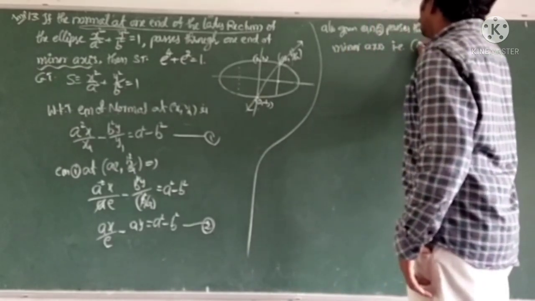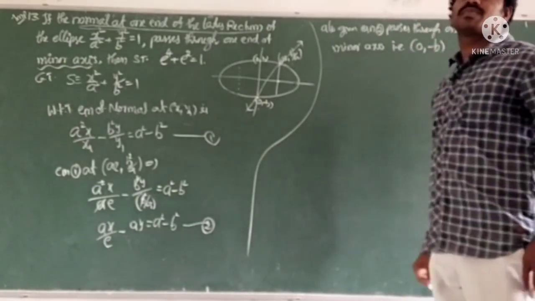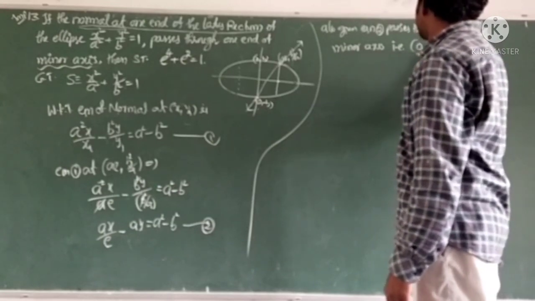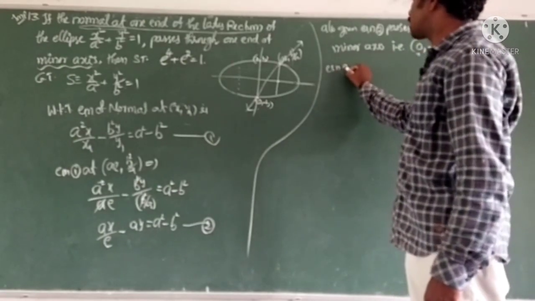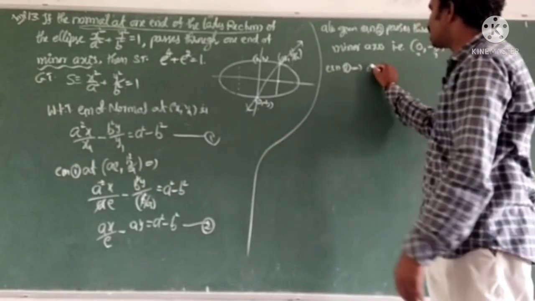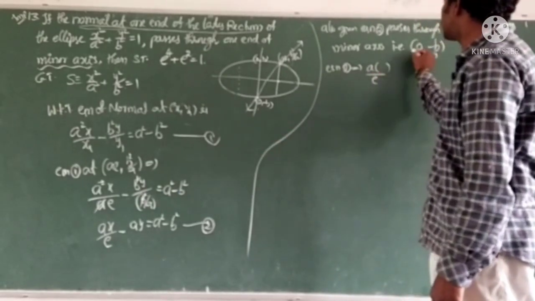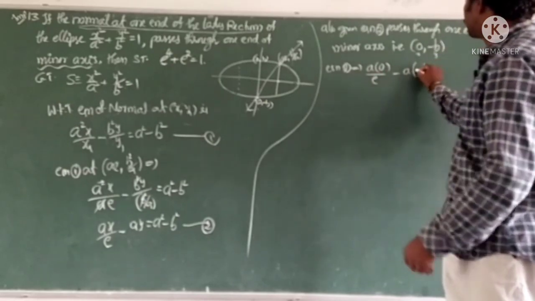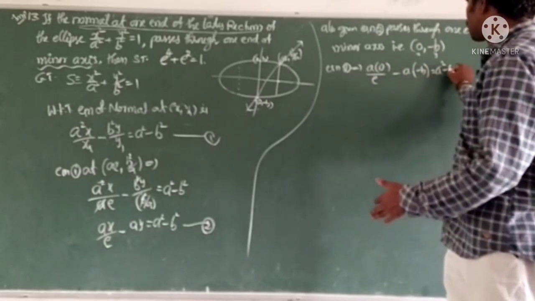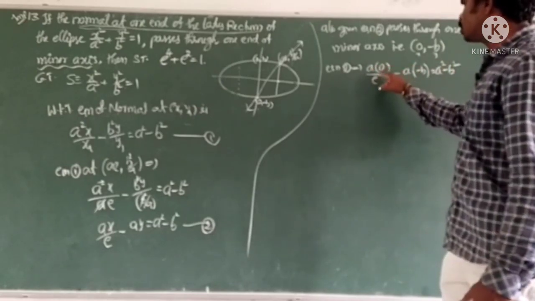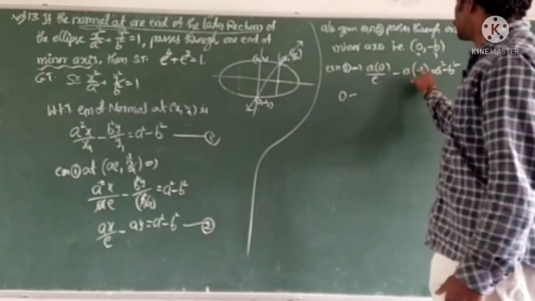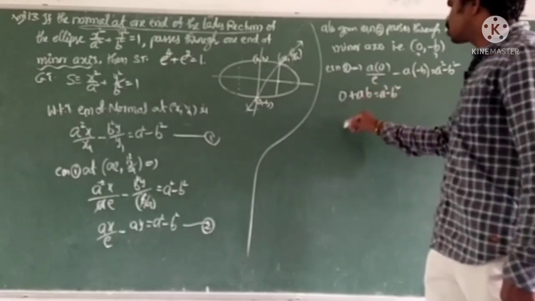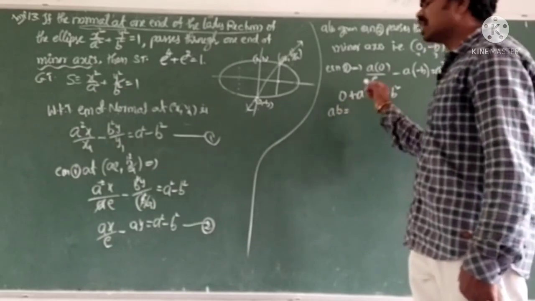That is (0, -b). So this means x, this means y. Now equation 2 becomes ax/e, x means 0, minus a into y, y means minus b, equal to a² - b². a into 0, 0 by e is 0, minus a into minus b becomes plus ab, equal to a² - b². So by simplifying this, we can get the condition.